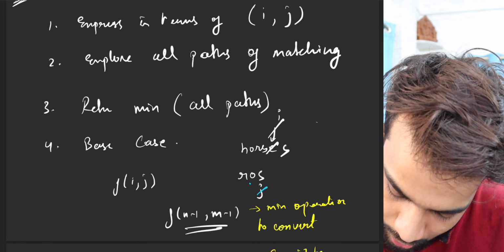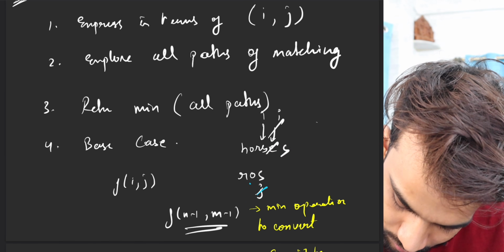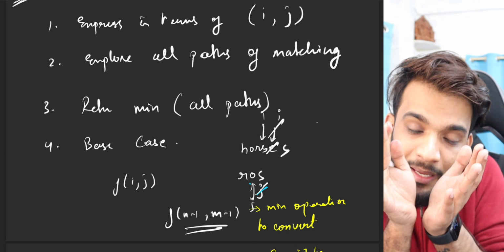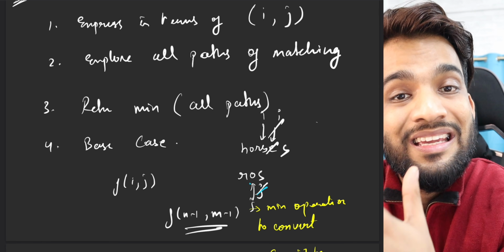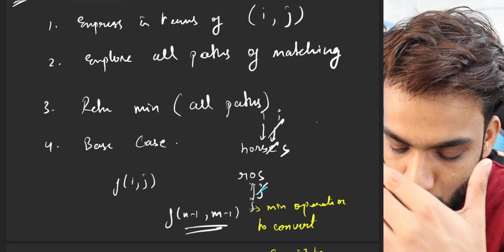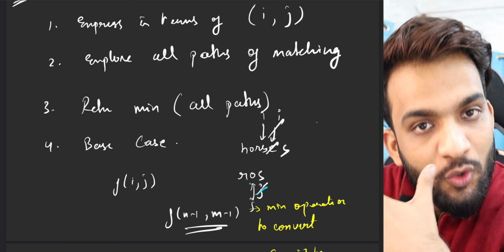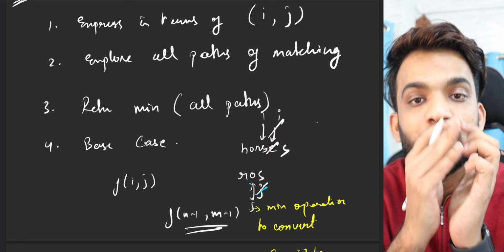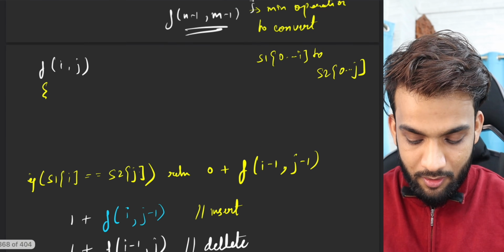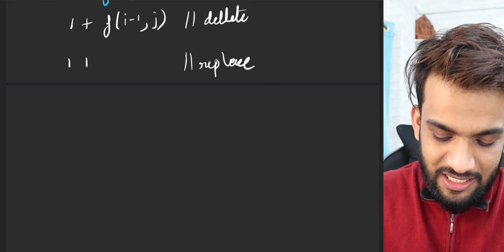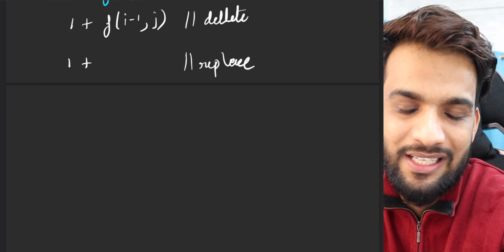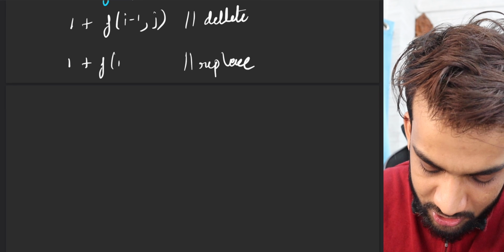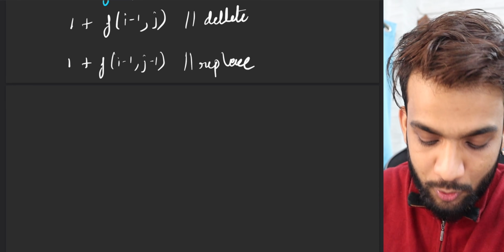And now I can look in the remaining portion of the string, because in order to replace, I will try to match these guys. So replace will be done in that way. And after they are matched, I reduce both the strings. The replace operation count is still 1, and you reduce both the strings.